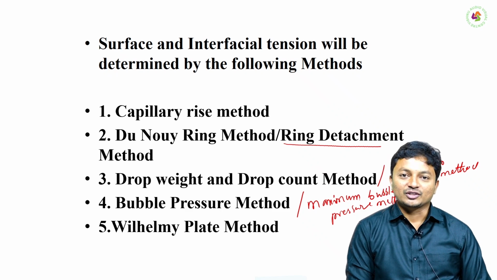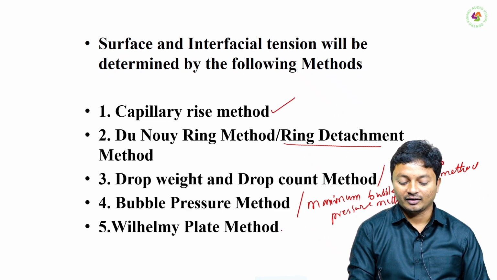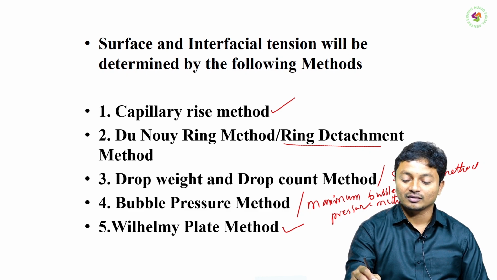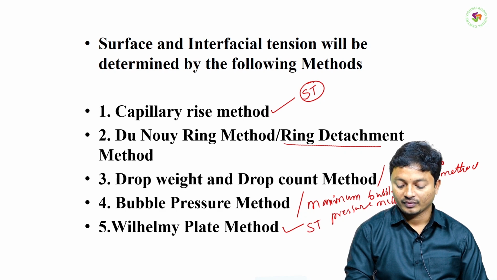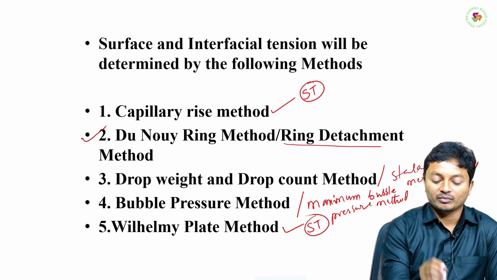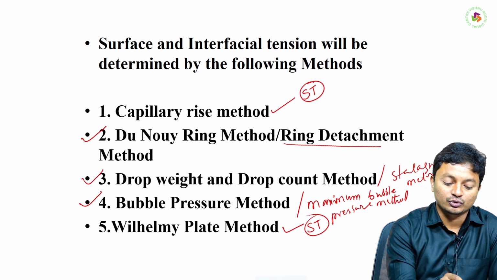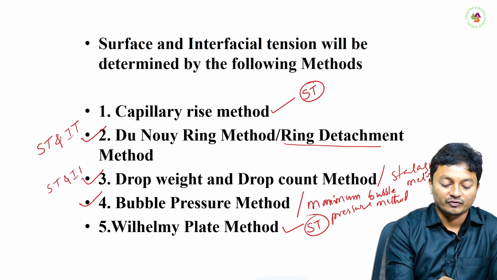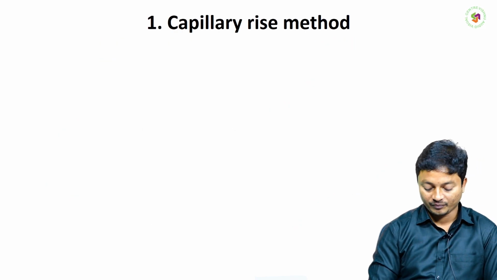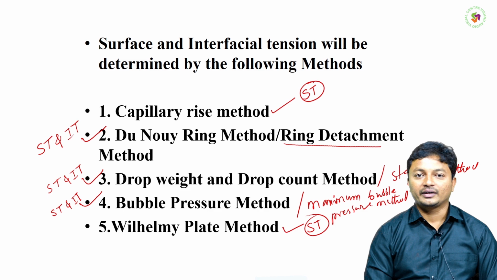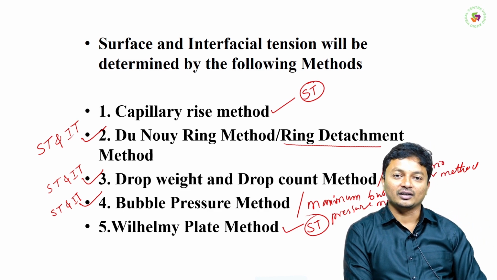Of these methods, the capillary rise method and Wilhelmy method only determine the surface tension. The remaining ones, the Dunoy ring method, drop weight and drop count method, and maximum bubble pressure method, are used to determine both surface tension and interfacial tension. Let us discuss these different methods in detail one by one.